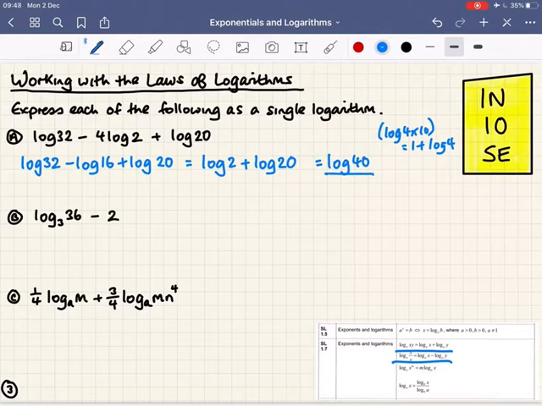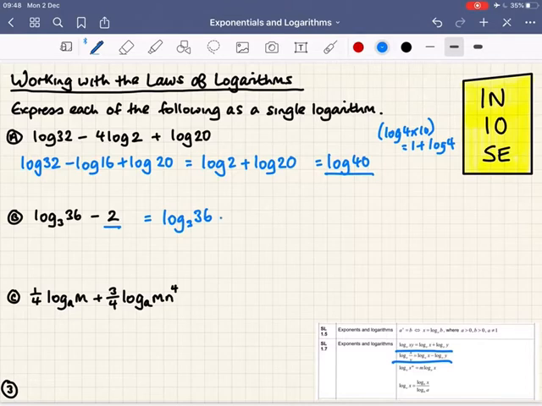The second example is a good one to show you because sometimes we'll end up with an expression which has got a log in it and a number, but if we want to express them together as a single logarithm, we have to put the number back into log form. So this one, log to base 3 of 36. Now, remembering what we said on the previous slide, to get an answer of 2, I'd have said, when I raise 3 to the power of 2, what do I get? I get 9.